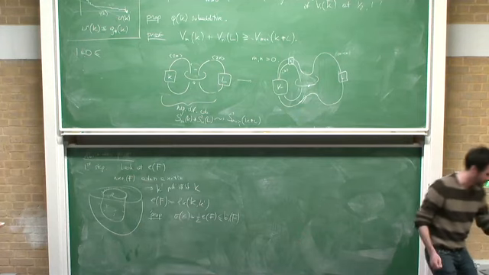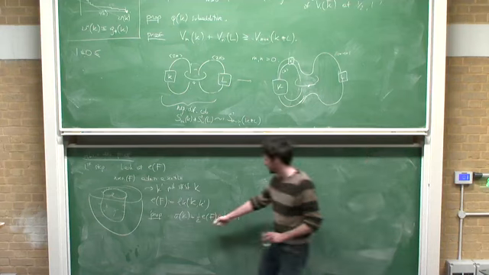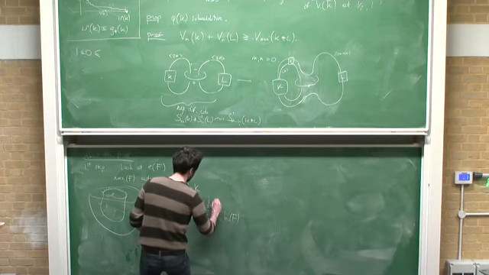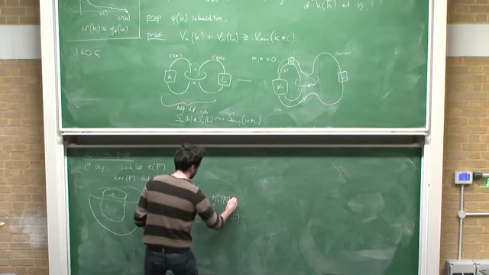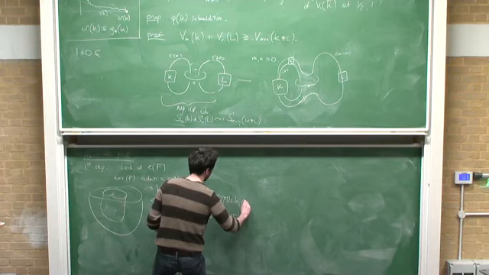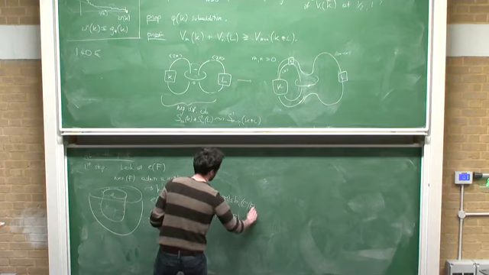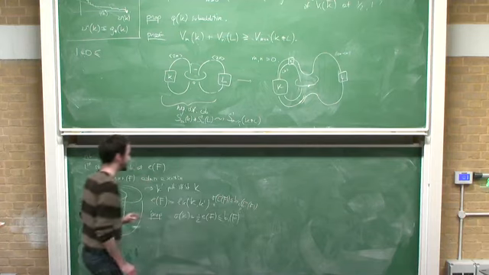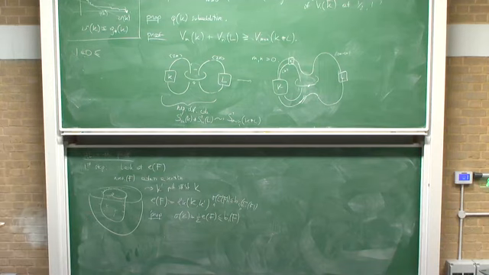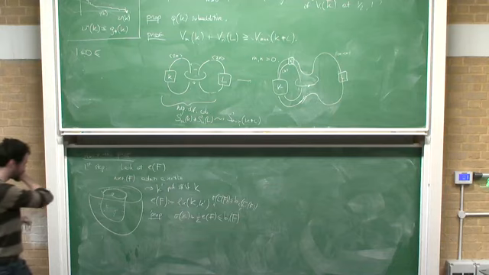And then this is the signature of the double cover, and this is less than B2 of the double cover, but this is the same as the B1 of the surface F.